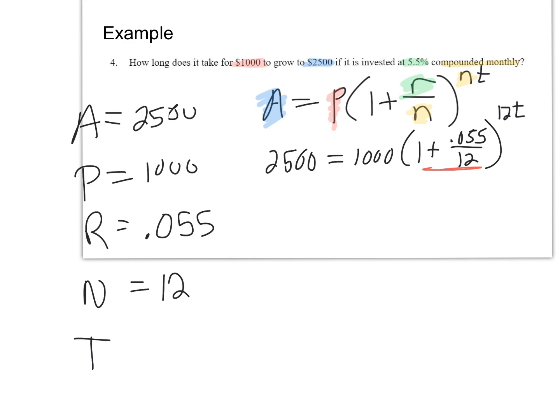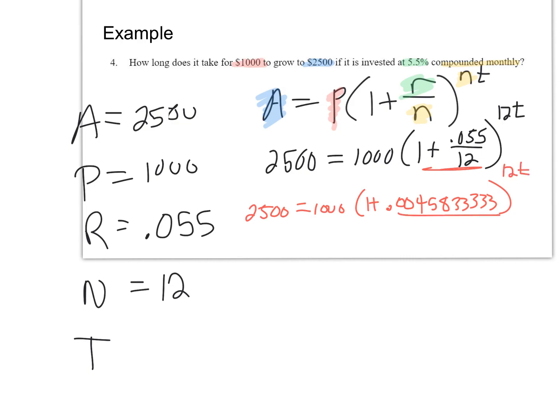So 0.055 divide by 12. So I get 2,500 equaling 1,000 times 1 plus 0.004583333 raised to the 12th. And again, do not clear this decimal out.